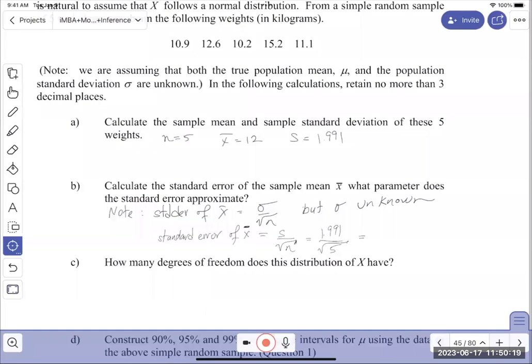So the answer to the question of what parameter does the standard error approximate? It approximates the standard deviation of X bar, sigma over root n.